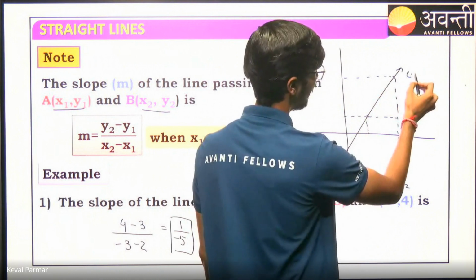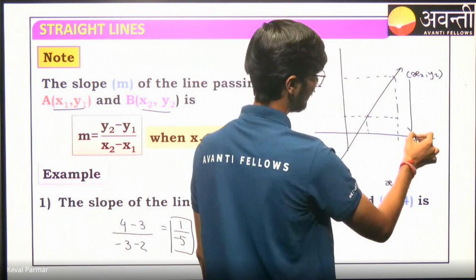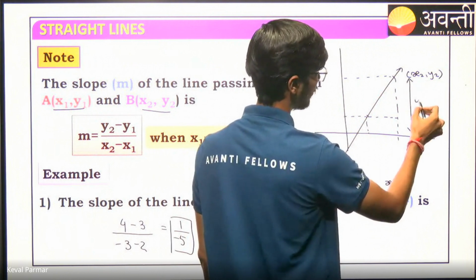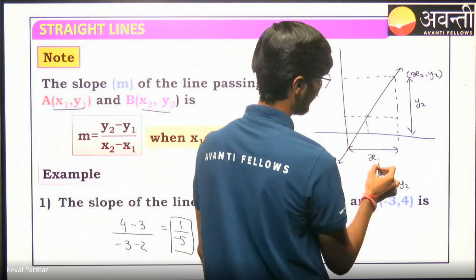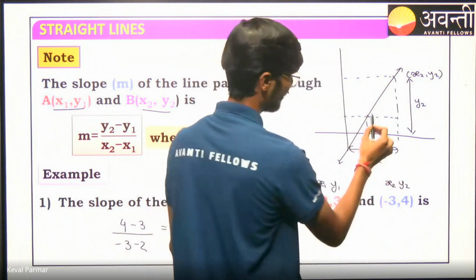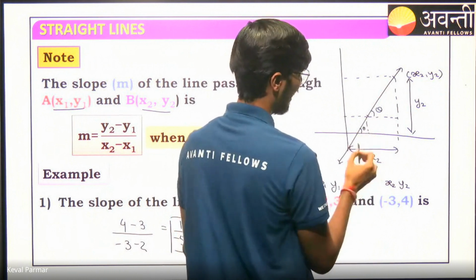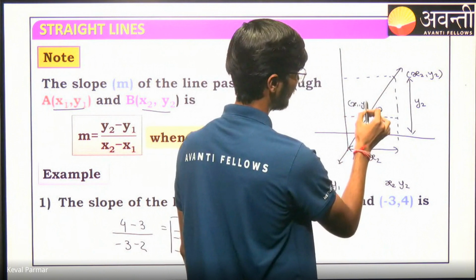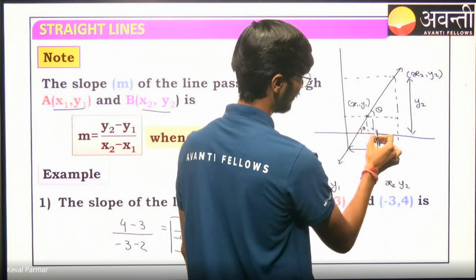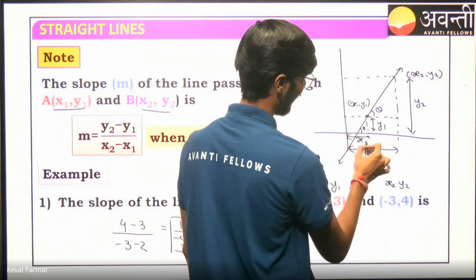If this point is x2 comma y2, then we can see this distance is y2, and this distance is x2. This is the angle theta. This is the angle theta. And if this point is x1 comma y1, then again this distance is y1 and this distance is x1.